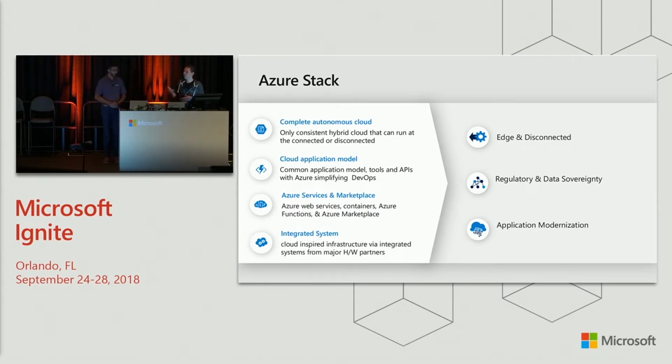A connected fashion means that you can run Azure Stack inside your data center, where you may have connectivity to the public cloud. A disconnected scenario means running Azure Stack in a place where connectivity is not present, or connectivity is intermittent. Maybe a scenario where you are, as I mentioned before, doing remote operations in a remote site, for instance.